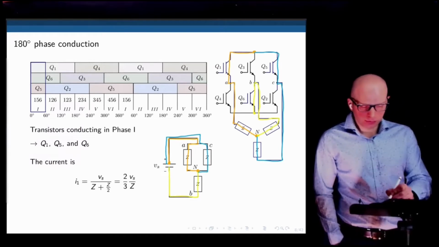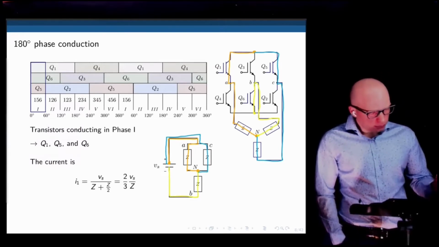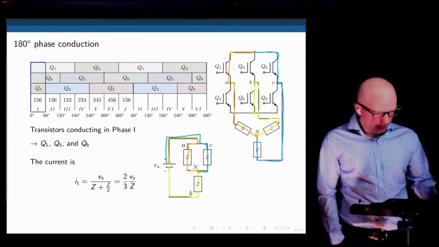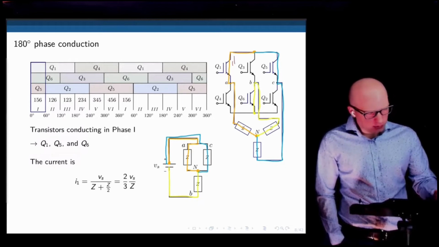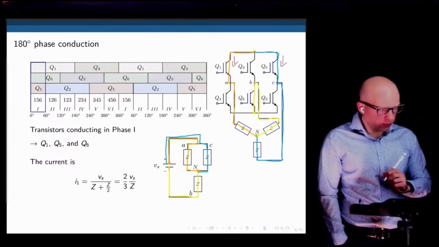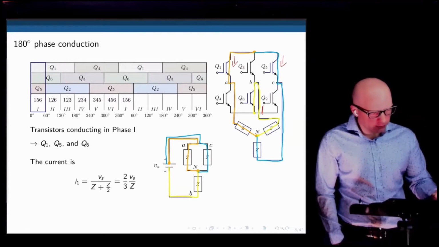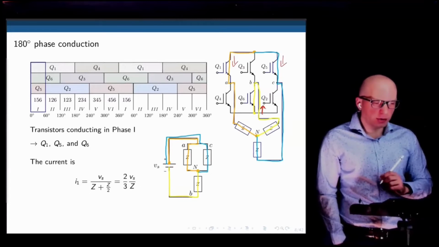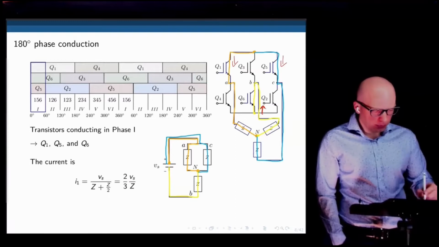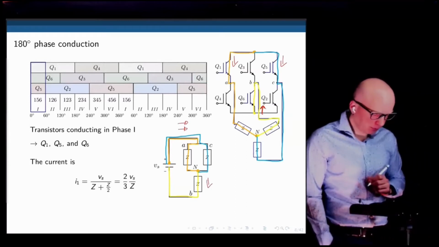Okay, so we have current flowing this way from the power source through both impedances, and then flowing out of the neutral through the path that goes through B. So current here and there.